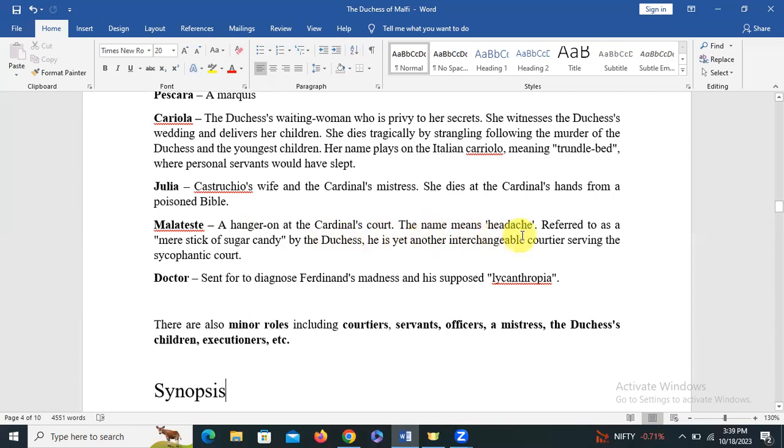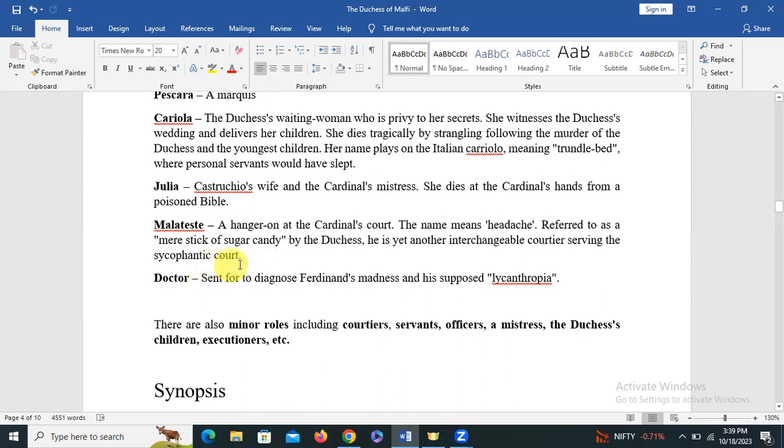The name means headache, referred to as a mere stick of sugar candy by the Duchess. So the Duchess called him a mere stick of sugar candy. He is yet another interchangeable courtier serving the sycophant court, right?